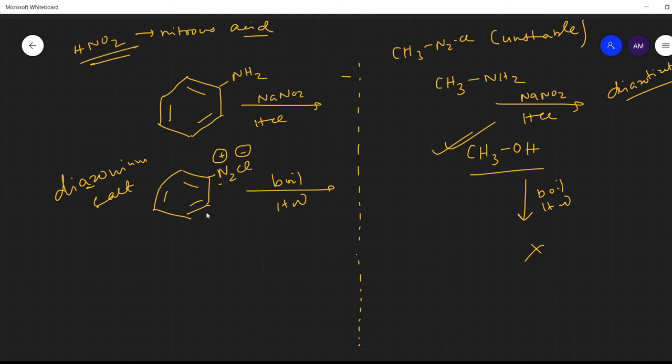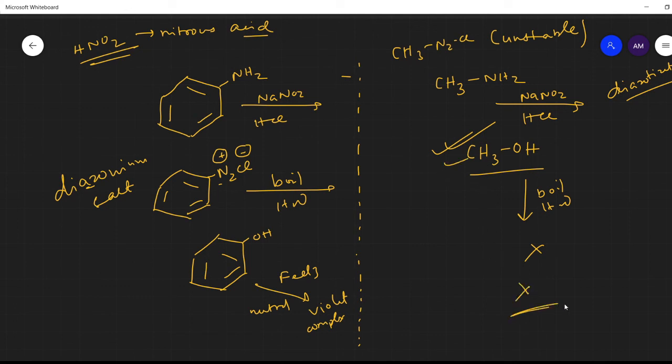But here phenol will be formed. Now this phenol so formed, you can add neutral FeCl3 and you will get a violet complex. And here, of course, as this is an aliphatic alcohol, no such reaction will take place, right? This is how you do it.